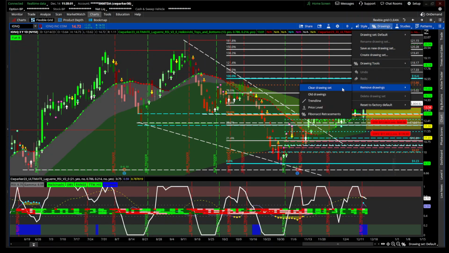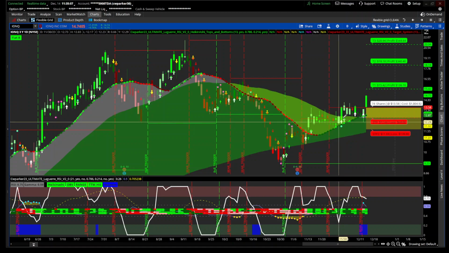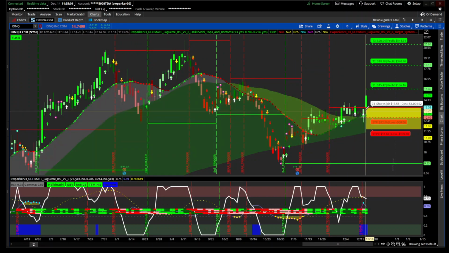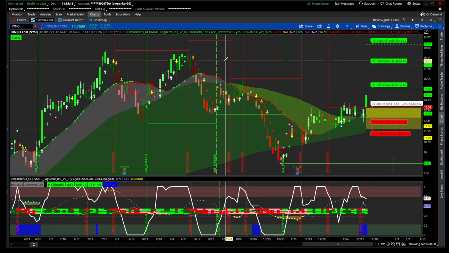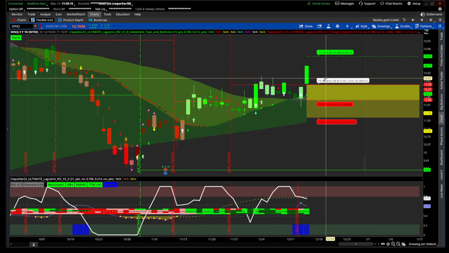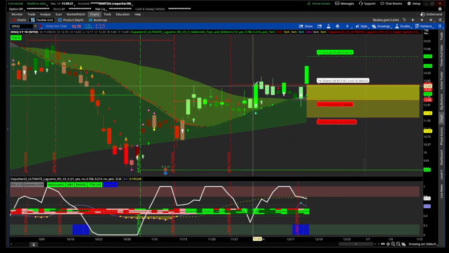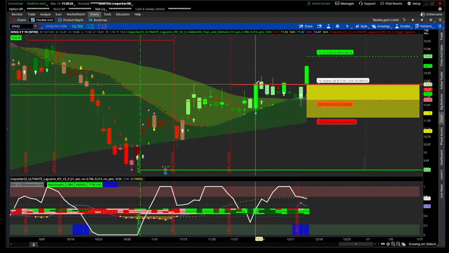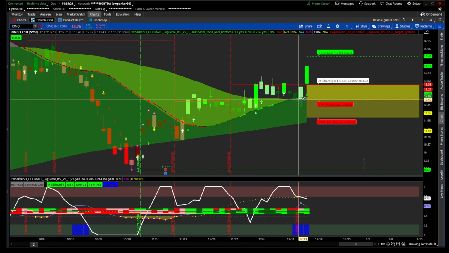Let me get rid of all these lines because it's doing exactly what I was hoping it to do. So yeah, it was just range trading. Seemed like it didn't want to break out or break above this 13, but now it's finally breaking out. So I wonder, I probably would have got stopped out. If I would have pushed right here or gotten in right here, I would have been just waiting.